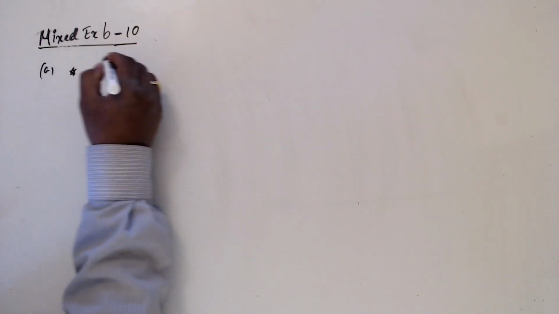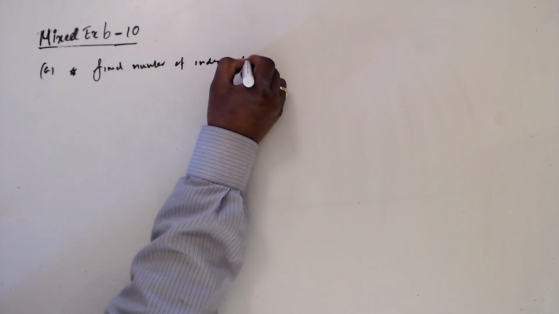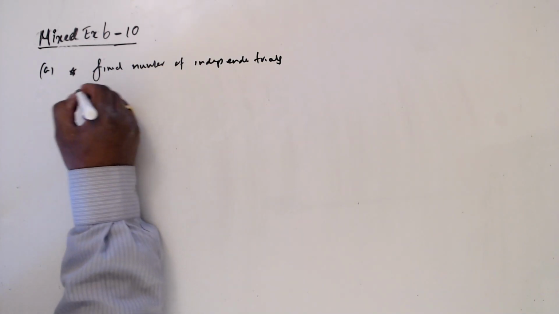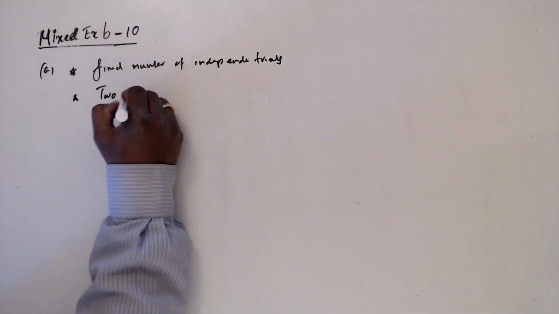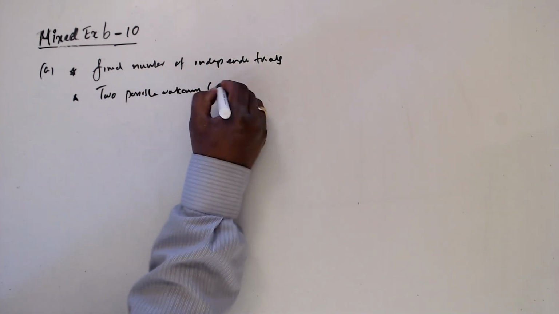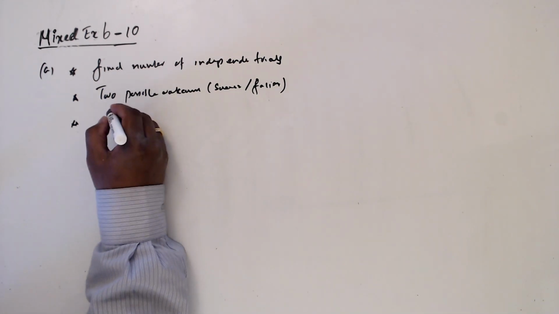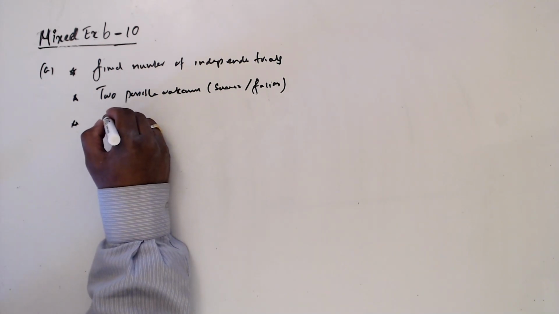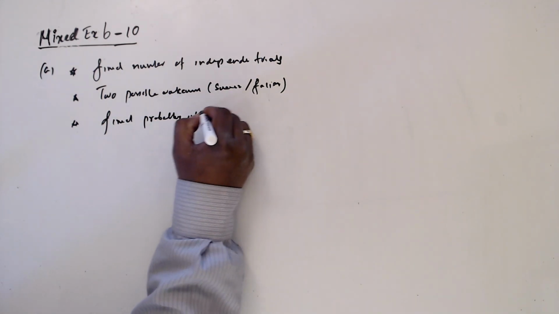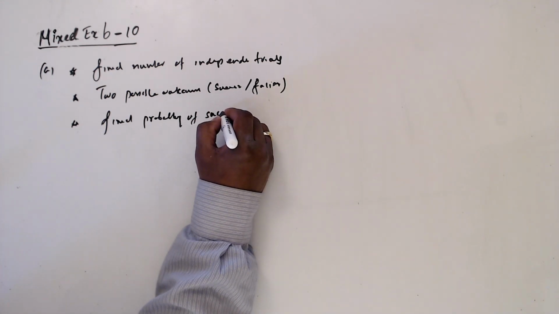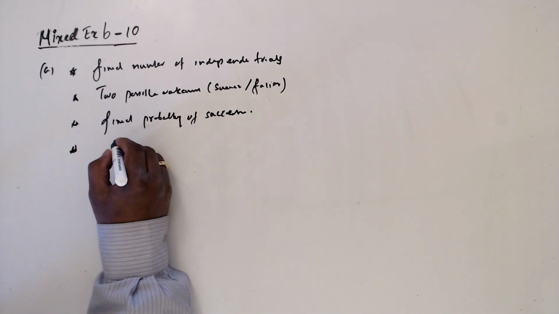So part A: a fixed number of independent trials, two possible outcomes, success and failure, a fixed probability of success, and the trials are independent of each other.